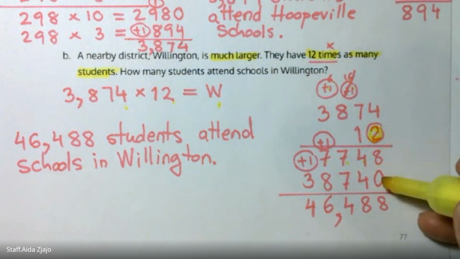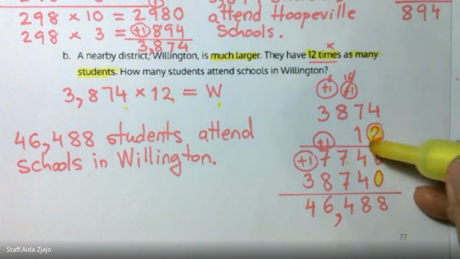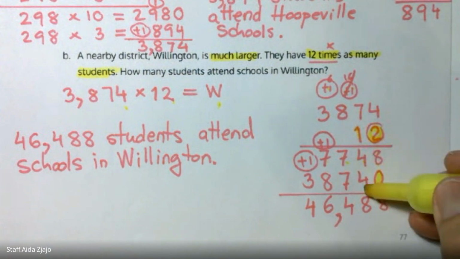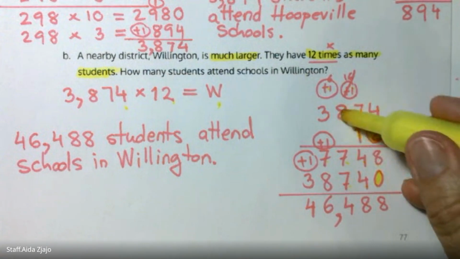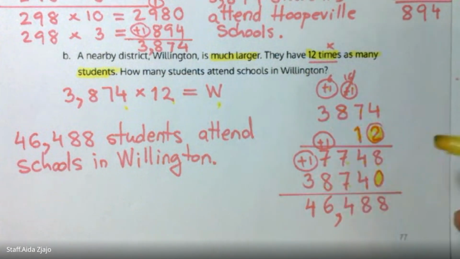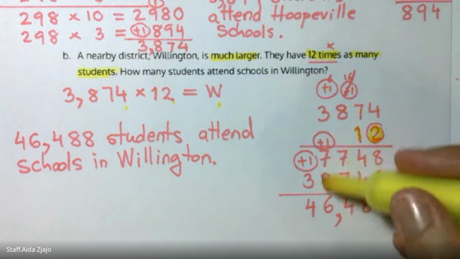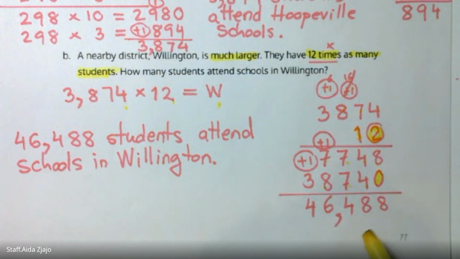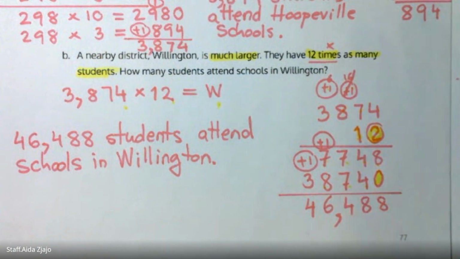You're done with the ones, and now the tens. 1 times 4 is 4, 1 times 7 is 7, 1 times 8 is 8, 1 times 3 is 3. When you add them together, you get the total of the school. And this was problem 6 of the problem set, lesson 9.